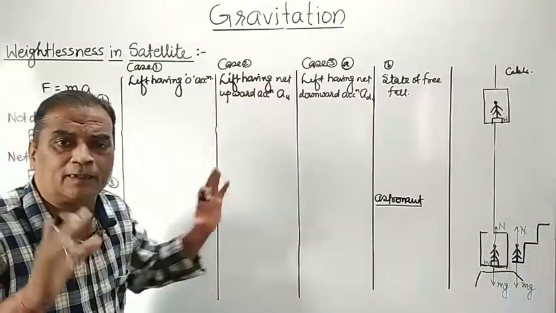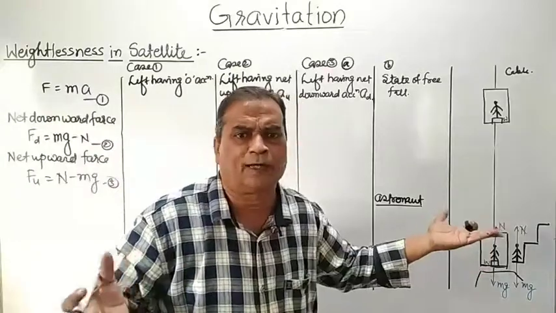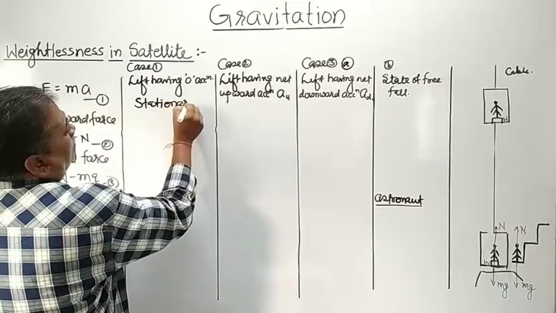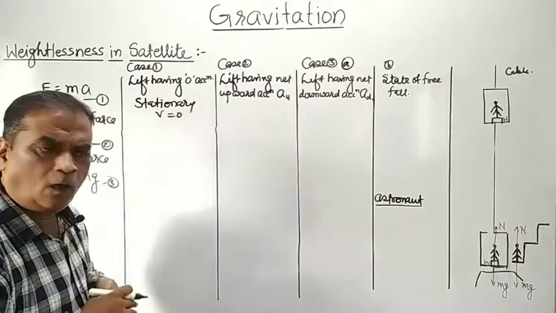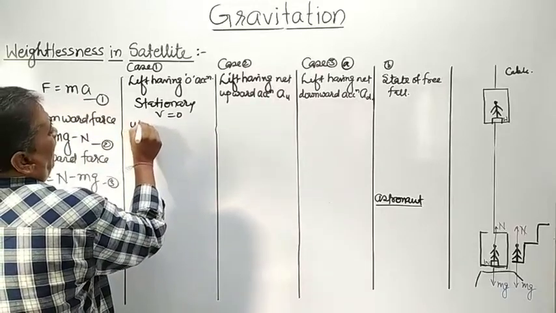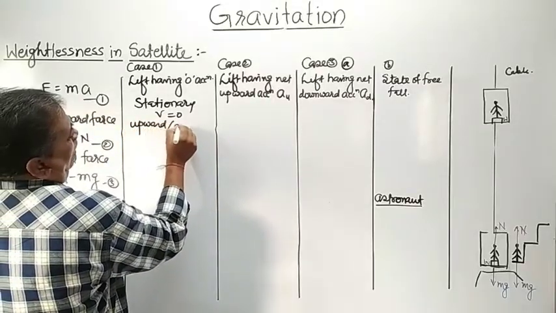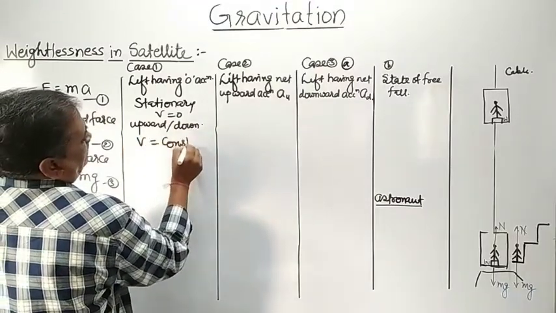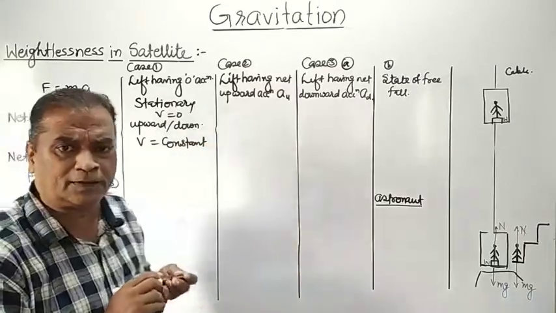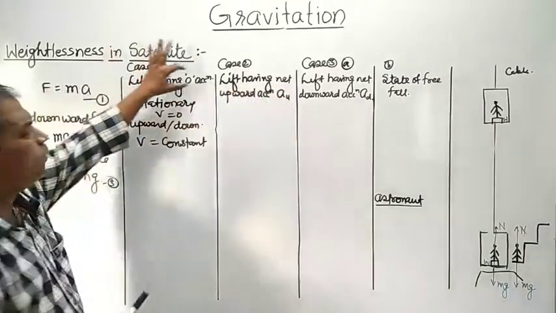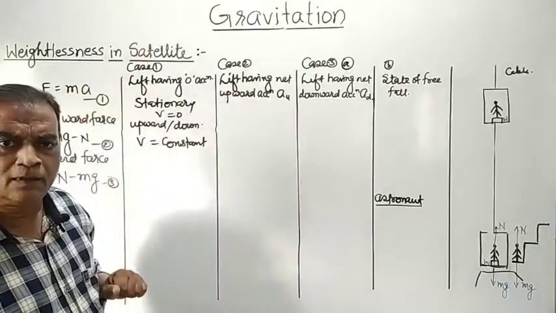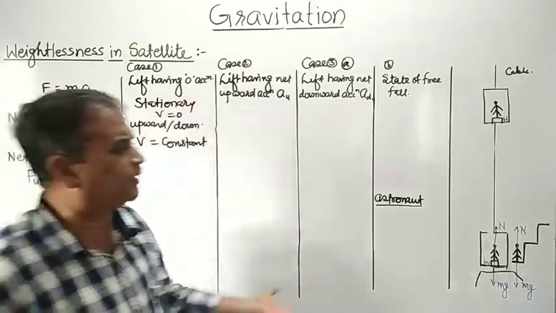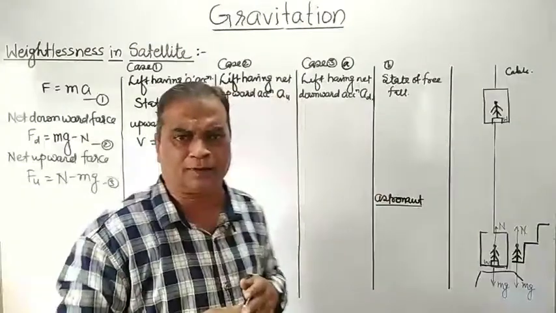This happens only under two conditions: either the lift is stationary, means its velocity is zero, or the lift is moving either in the upward direction or in the downward direction with constant speed, or constant velocity.